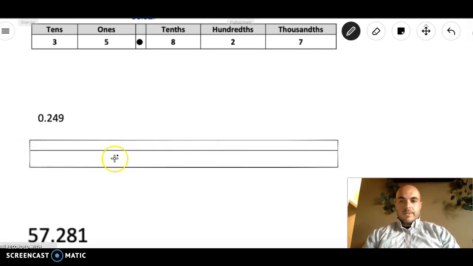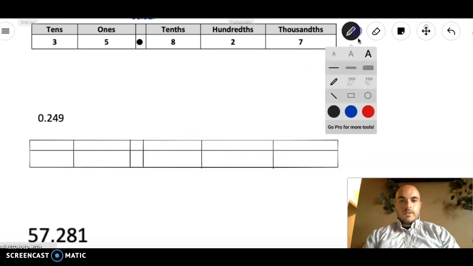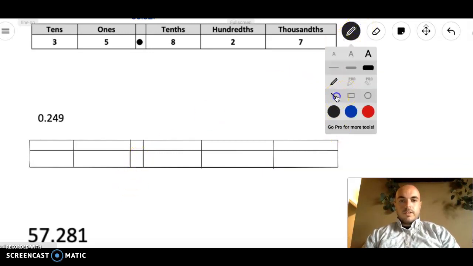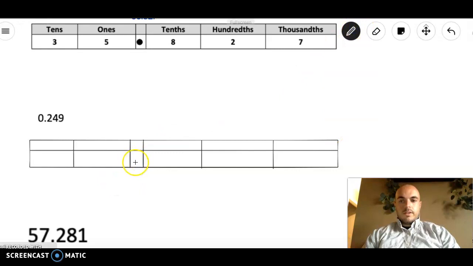And this is really good practice for you guys as well to see how these place value charts might be drawn, because with decimals they just look a tiny bit different. Okay, and then I'll put my decimal right here.